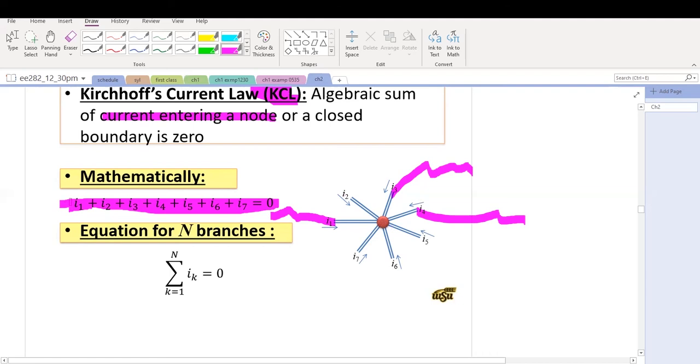So we have plus I1 and plus I2 and plus I3 and plus I7, etc., and sum them up. The values of I1, I2, and so on, summed algebraically together will make 0. So using this summation, the sum of I_k for k equals 1 to big N, if there are N branches connected to this node, equals 0.